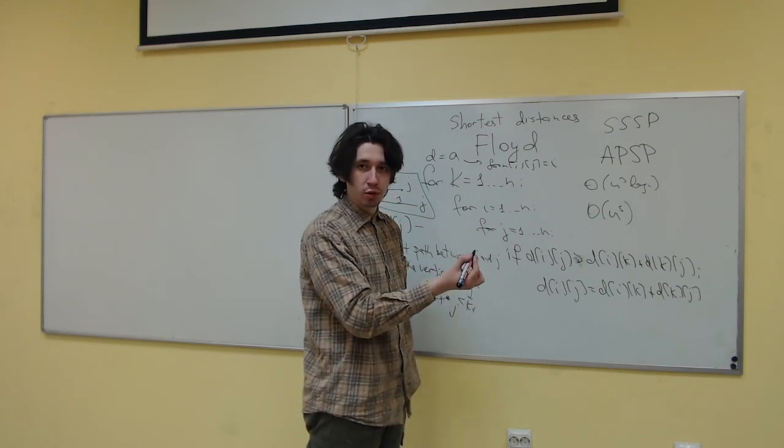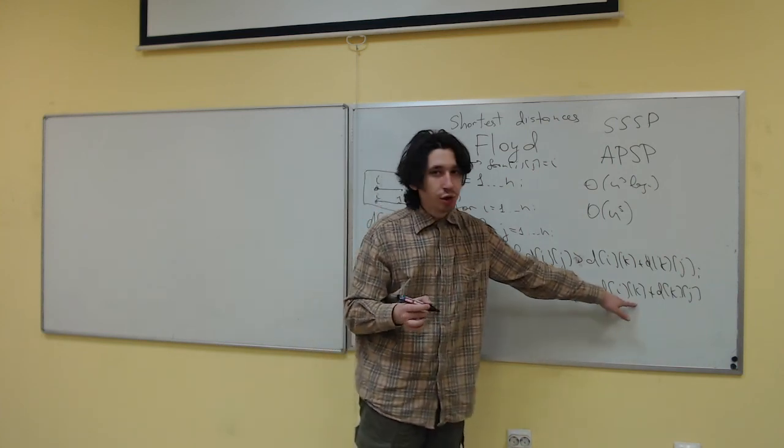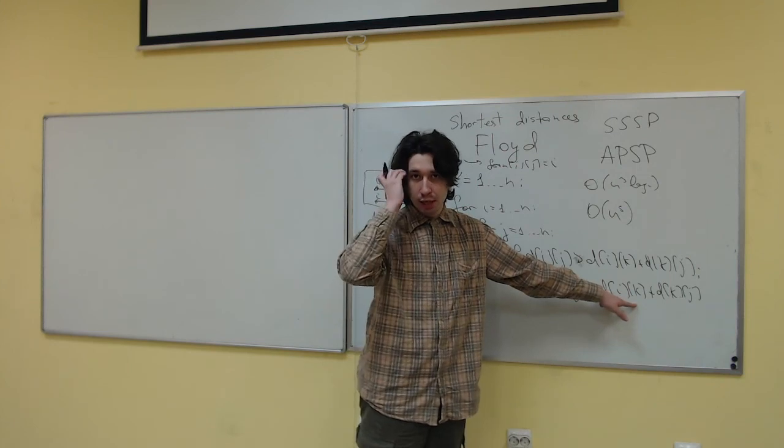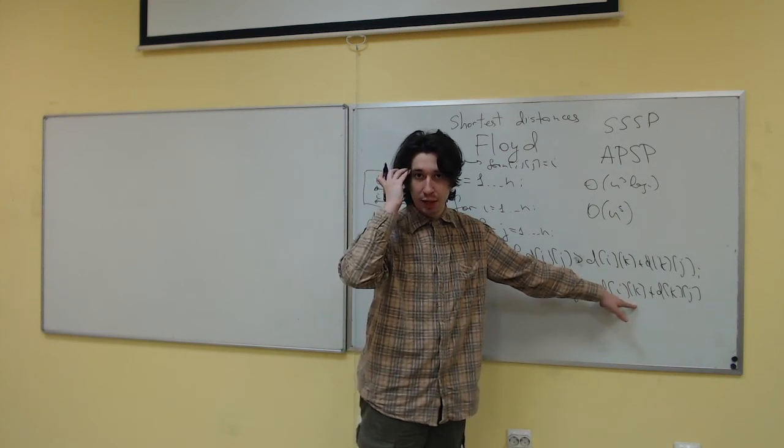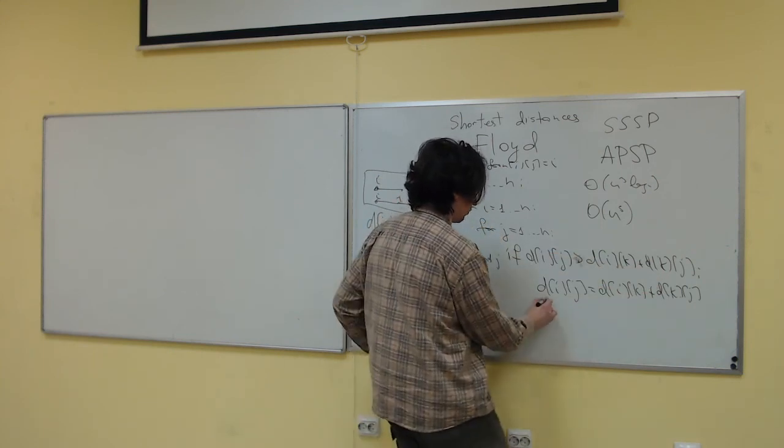We will store not the dividing vertex, not the k that divided the path into two parts, but the last edge on the path.